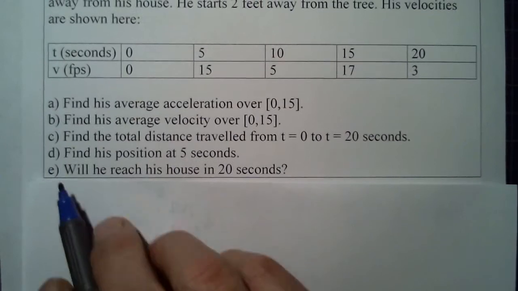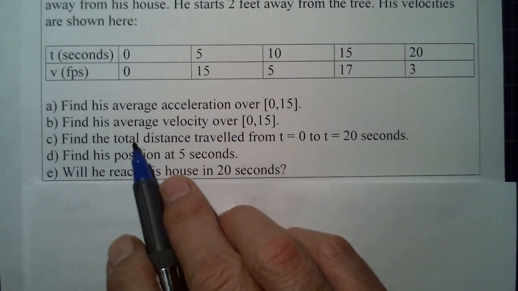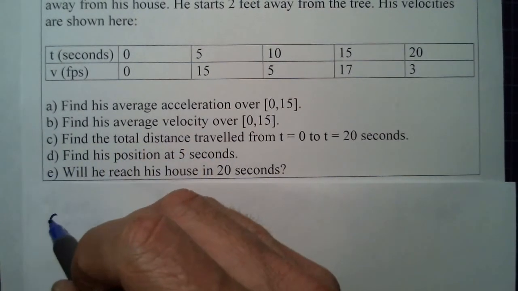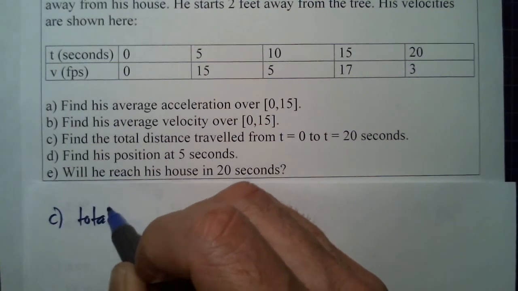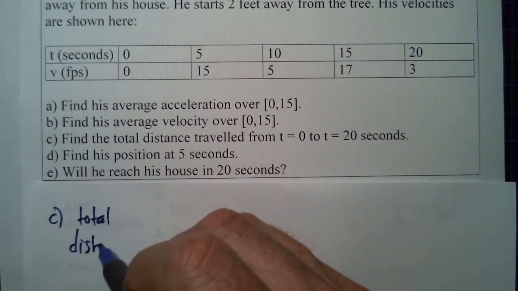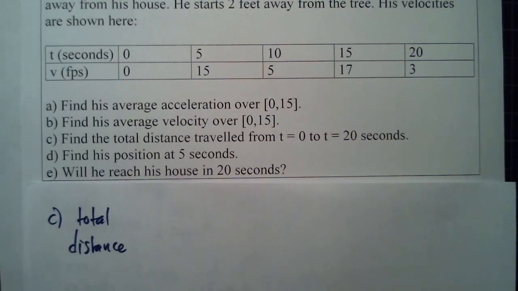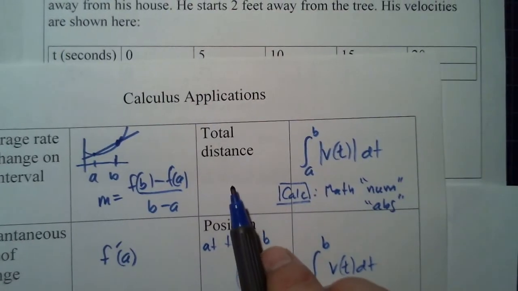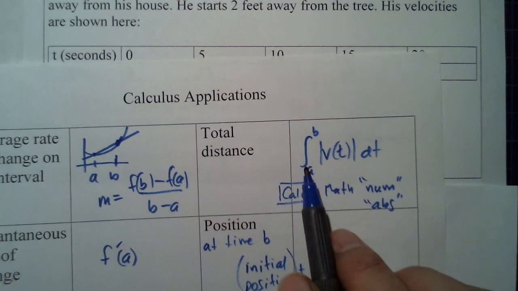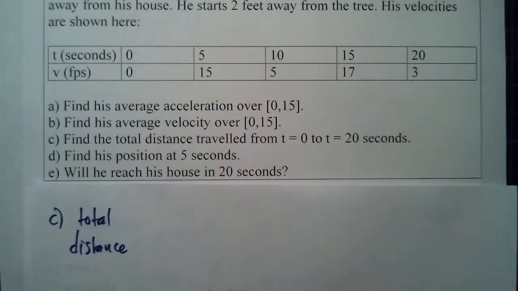Let's look at C, total distance traveled. Keywords are total distance. And if we look that up, total distance means let's do the integral of the absolute value.